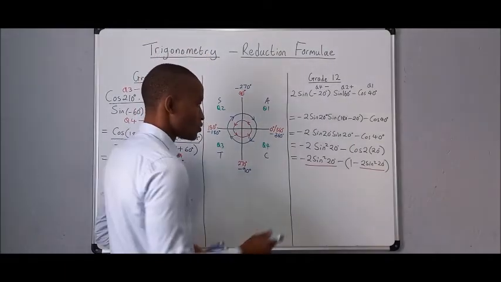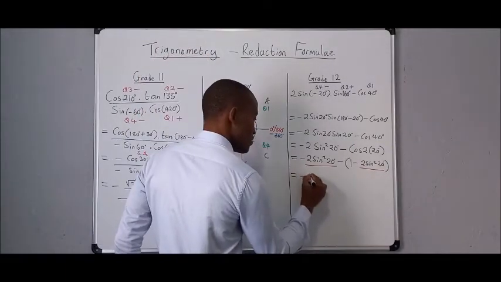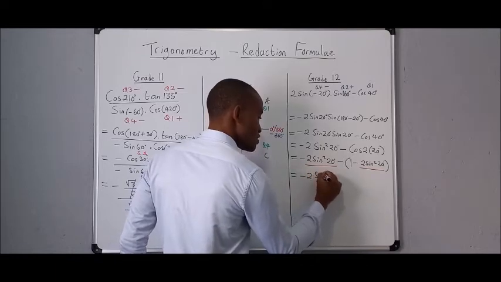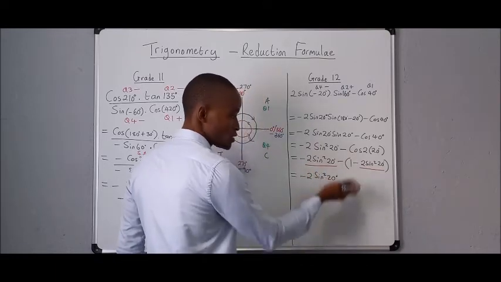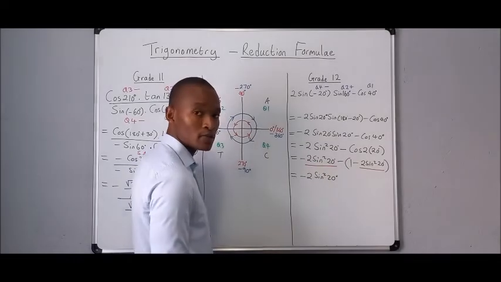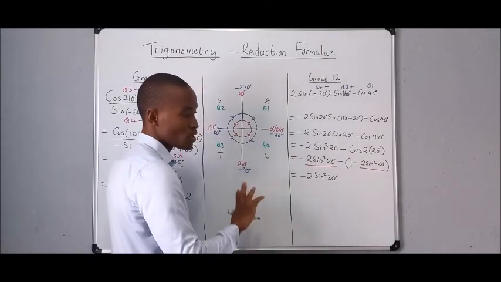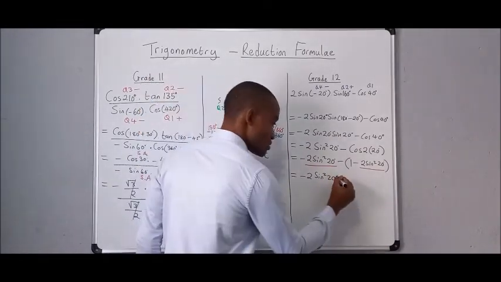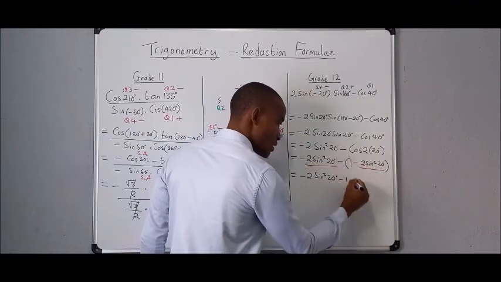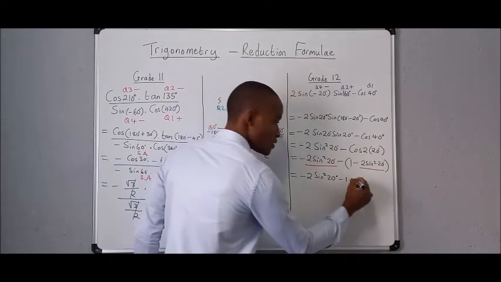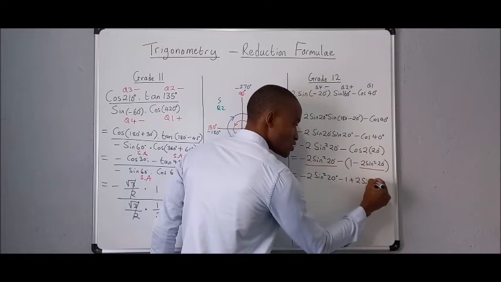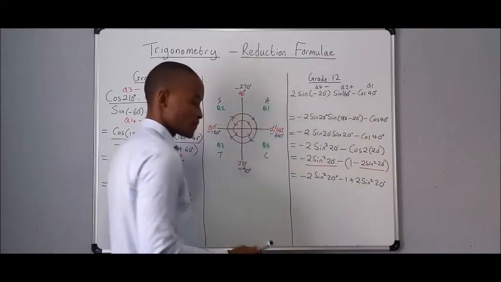So let us continue here. We have a negative 2 sine squared 20 degrees. The distribution of the negative must help you take care of the sign change that happens. This is a minus 1, and a double negative gives you a positive 2 sine squared 20 degrees.